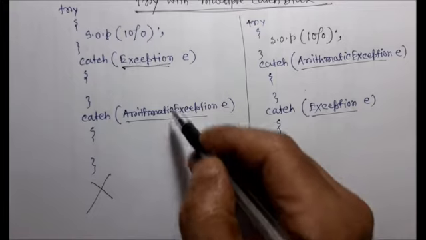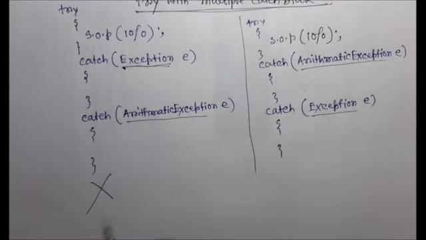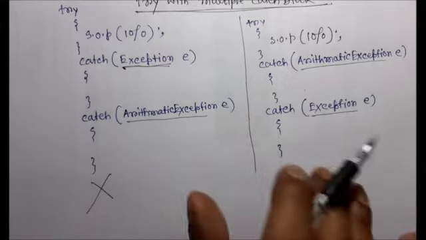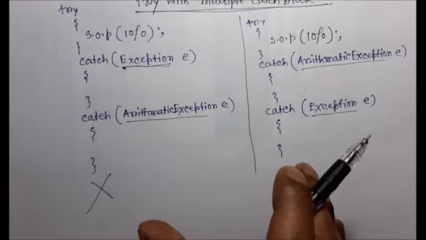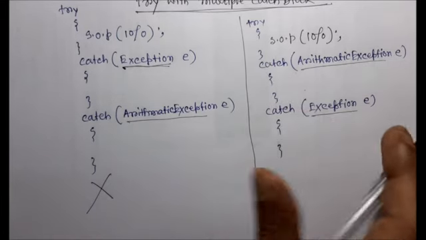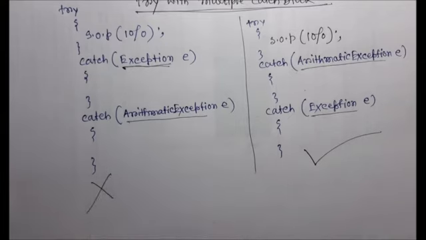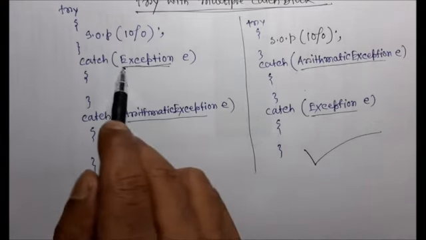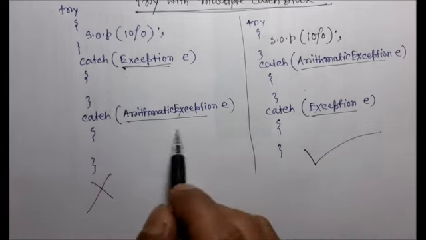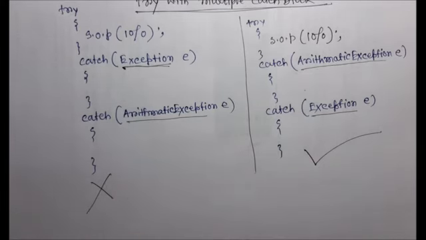So the order of exception classes is also important, please keep that in mind, and this try with multiple catch is always valid. So this one is valid and this is invalid for this reason, because the first block has already handled all these exceptions, and after that I am redefining the exception by using another catch block. In this way it is not recommended.